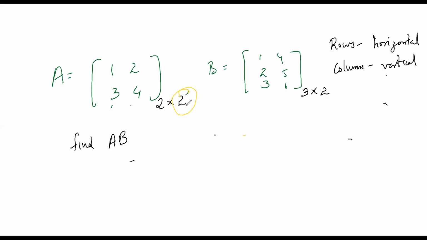So first A, what is second? 2 is the column. And here what is the row? First row 3. So this we have to eliminate. So the end product you will get is what? 2 by 2. So if you multiply AB, we get a 2 by 2 matrix.